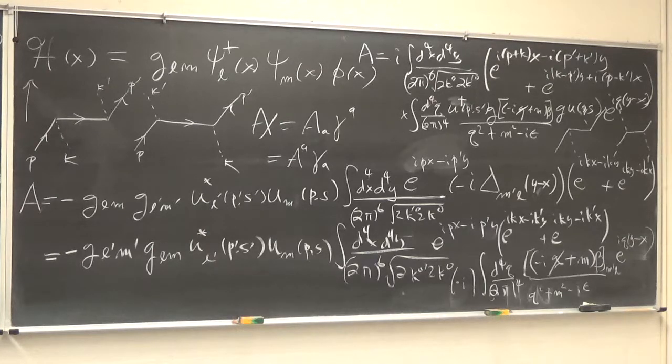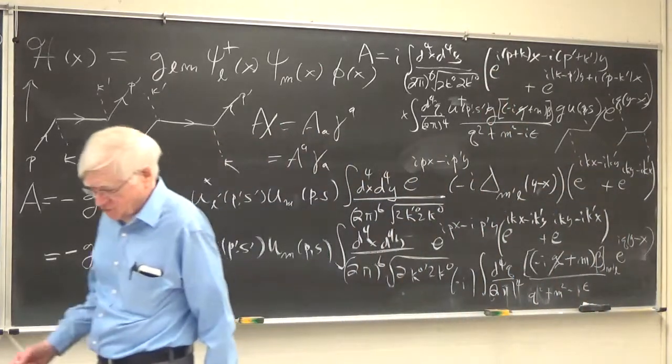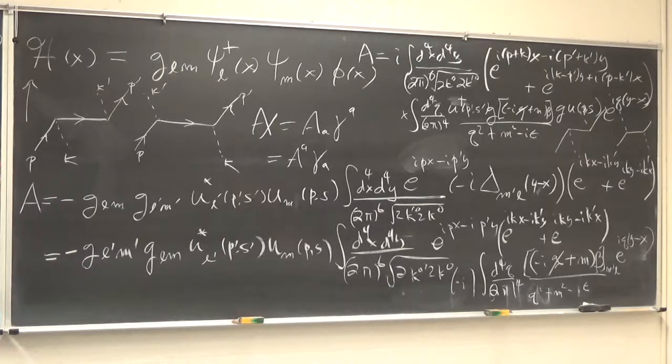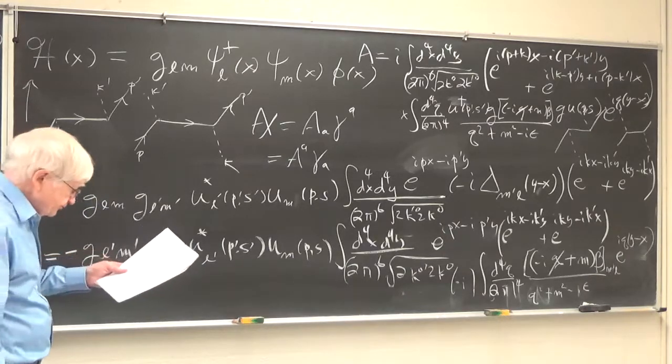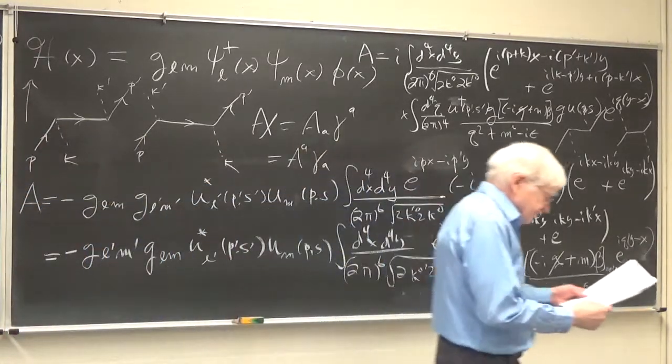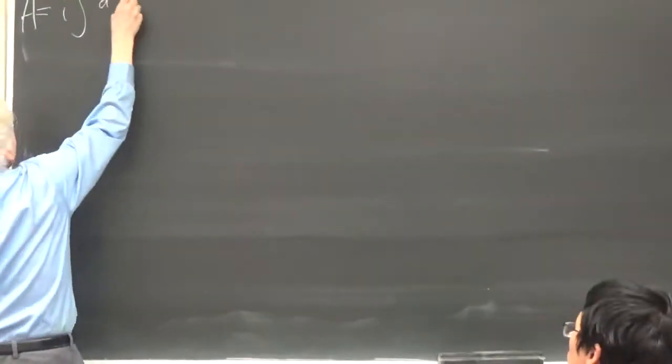Okay, well now the d4th x, d4th y integrations, we can do them instantly, and when we do them, they simplify the expression enormously because they both lead to delta functions. And so what we get is that A is equal to i integral d4th q.